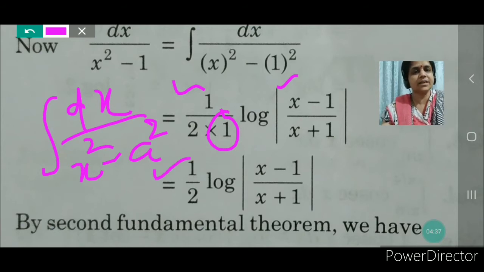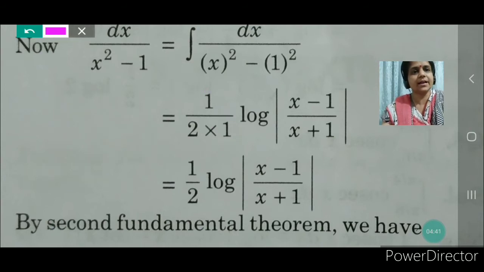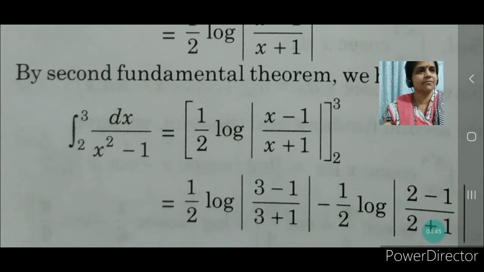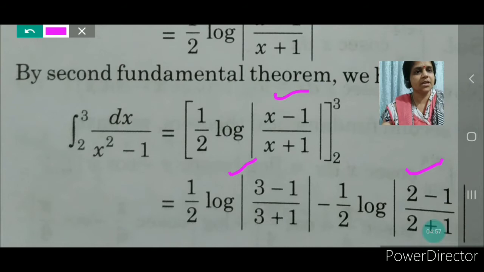So you will get 1 by 2 log mod of (x minus 1) by (x plus 1). Now apply the second fundamental theorem, which means substitute the limits. First write 3 in place of x and then write 2 in place of x, with a minus sign between these two terms. Now calculate and you will get the answer.